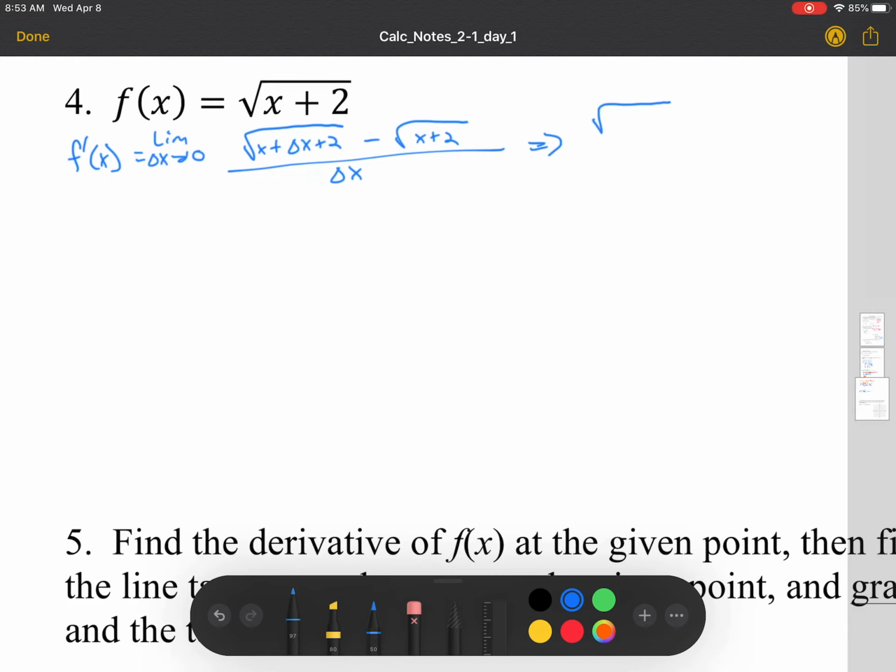This is one of those ones where you get the square root of x plus delta x plus 2 minus the square root of x plus 2, all over delta x times the square root of x plus delta x plus 2 plus the square root of x plus 2.